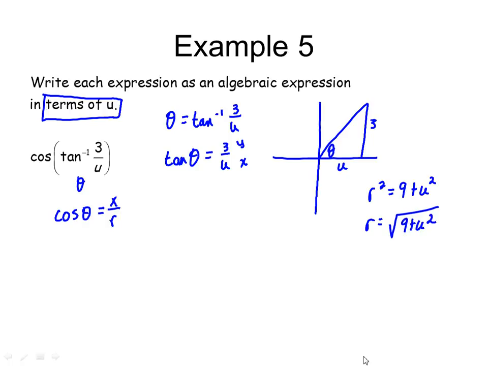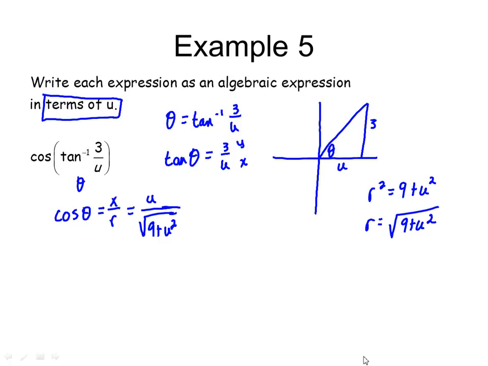So cosine theta is going to be x, which is u, over r, which is the square root of 9 plus u squared. Now, we need to rationalize this, because we can't have a radical in the denominator.